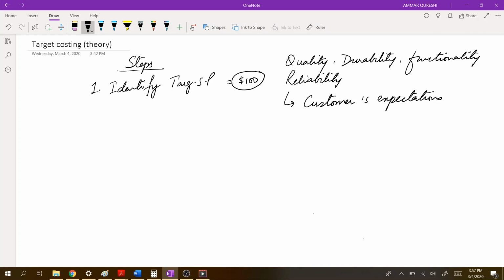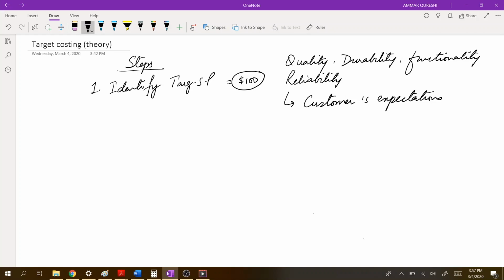Then there is no need to provide that much durability to the customer. There was an era when the 3310 was launched. At that time, durability was very important, because now there is a situation of product replacement rather than repairing the product.